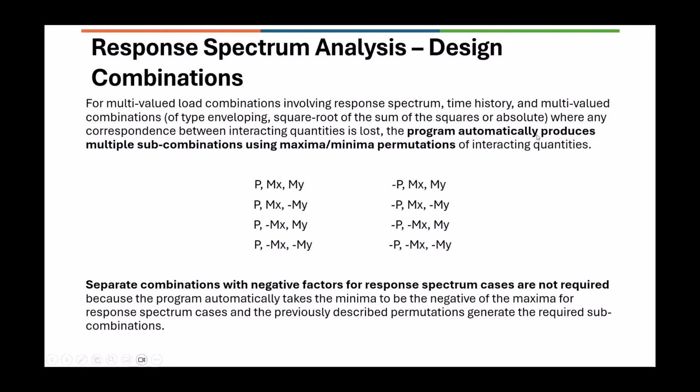The program automatically produces multiple sub-combinations using maxima and minima permutations of interacting quantities, right? And these are the quantities P, Mx, and My, and you'll see this in the design force output.